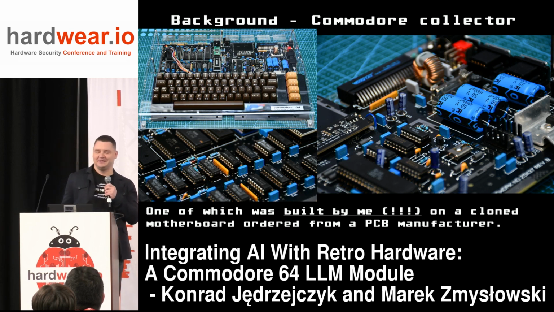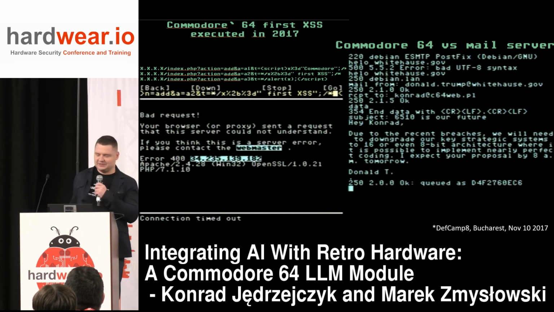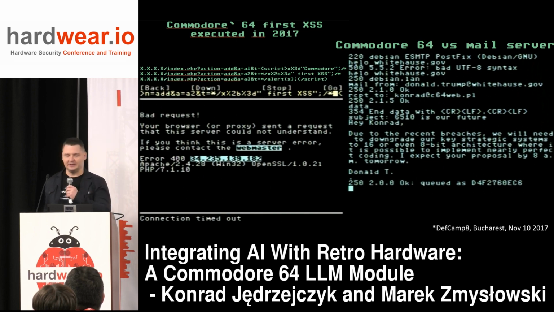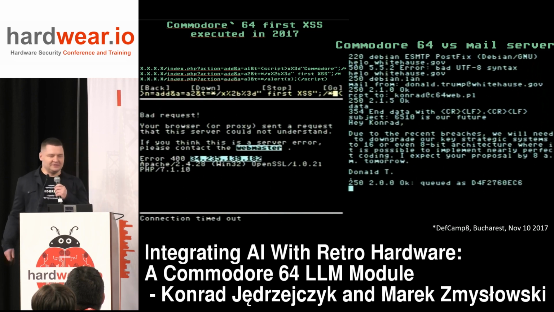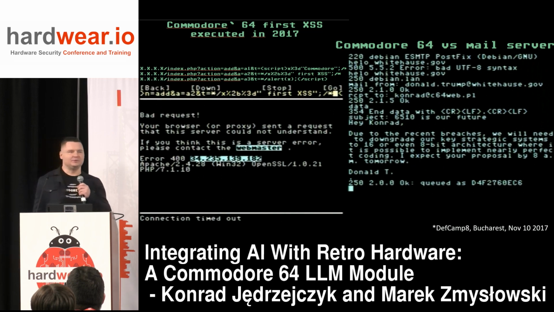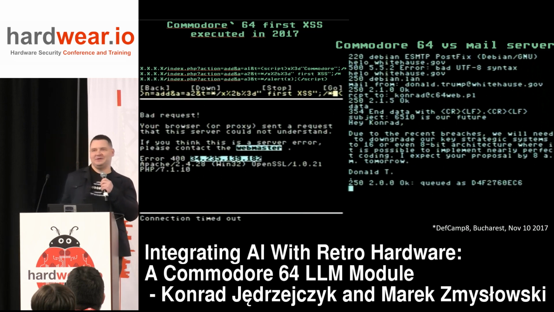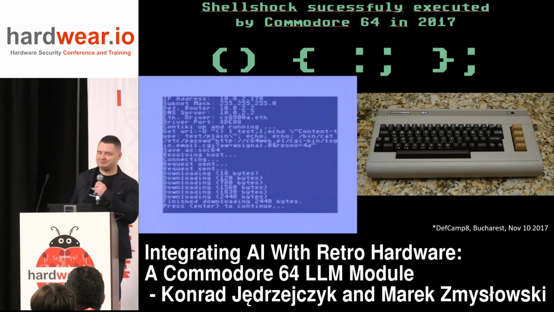So, this is a very short recap from Dev Camp in Bucharest from 2017, when the Commodore was the first to execute cross-site scripting and the first to abuse the email server in a corporate environment. So we were sending fake emails inside the company.